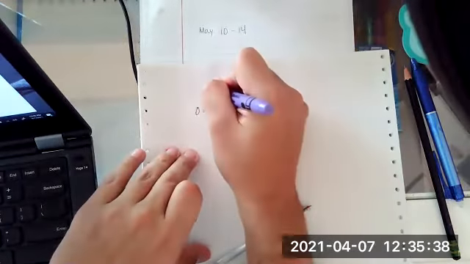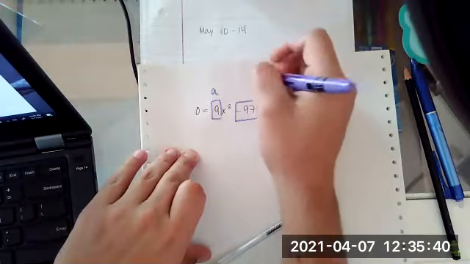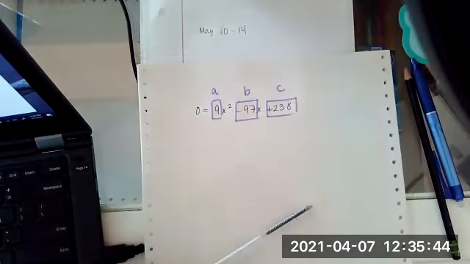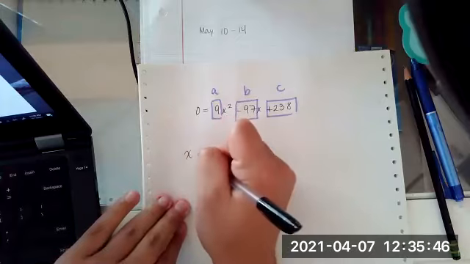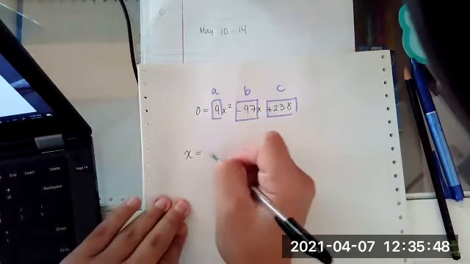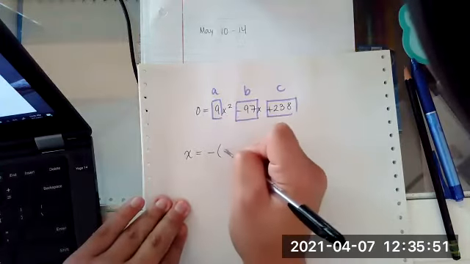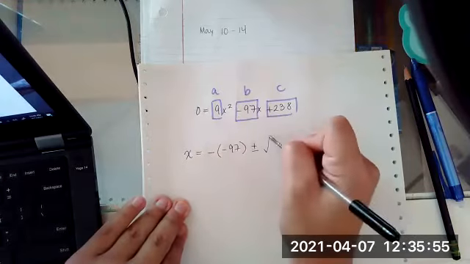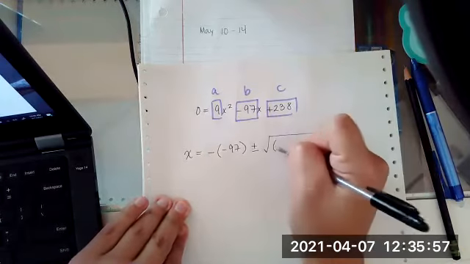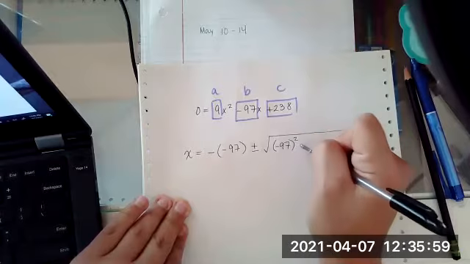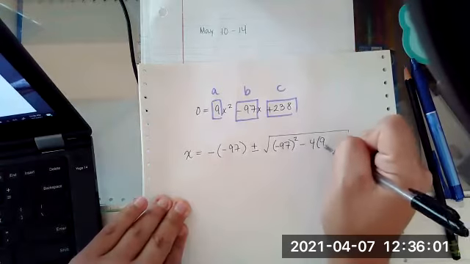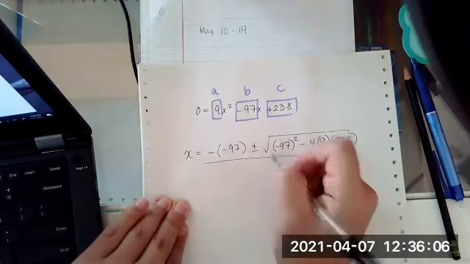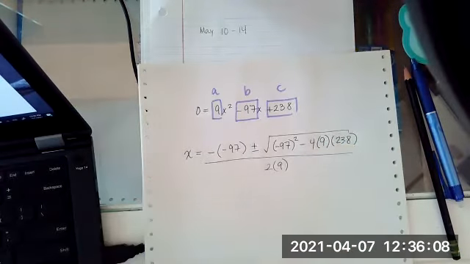So I have 9 is A, negative 97 is B, and positive 238 is C. And we'll go ahead and throw that into the quadratic formula, which is going to be negative B, which is negative 97, plus or minus the square root of negative 97 squared minus 4 times A, which is 9, and C, which is 238, all over 2 times 9.